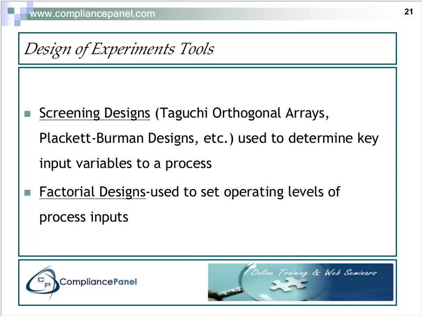And that was going to be a gigantic undertaking until we used our screening design to find that we only had 3 input variables that contributed to the variability in the output.